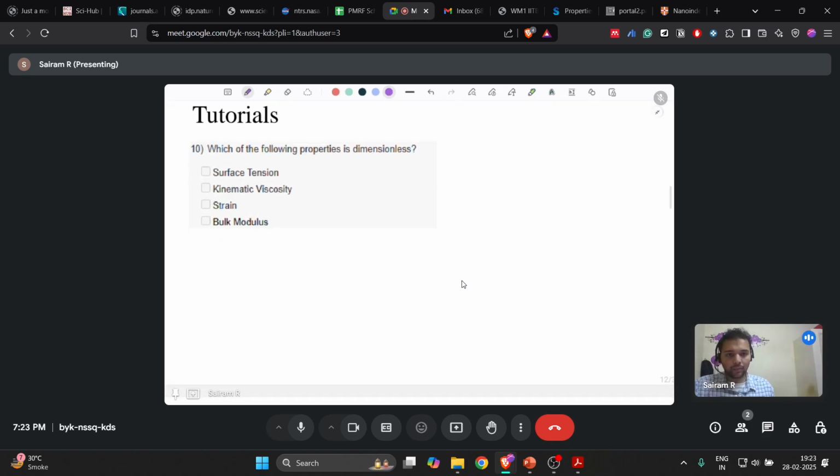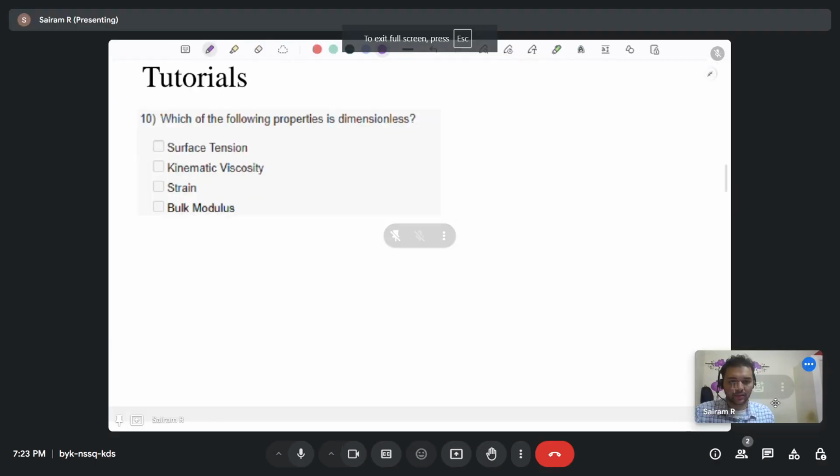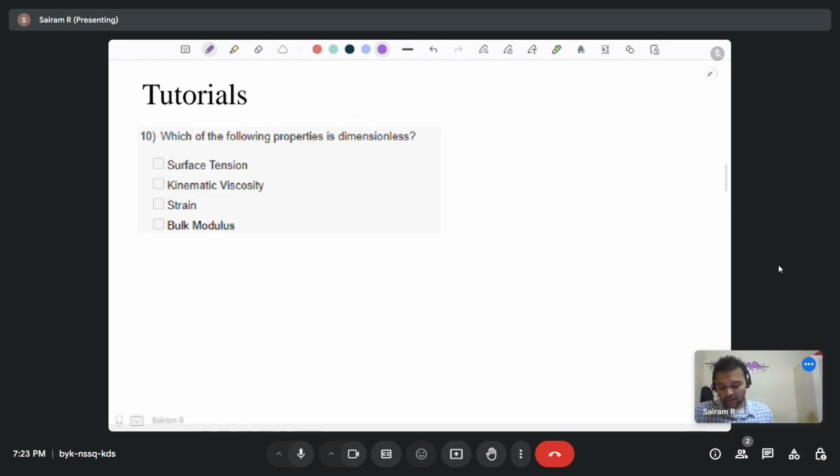Which of the following properties is dimensionless? Well, we know that surface tension has a dimension, kinematic viscosity has a dimension, bulk modulus has a dimension, as we are going to see it later. Bulk modulus dimension is GPa.